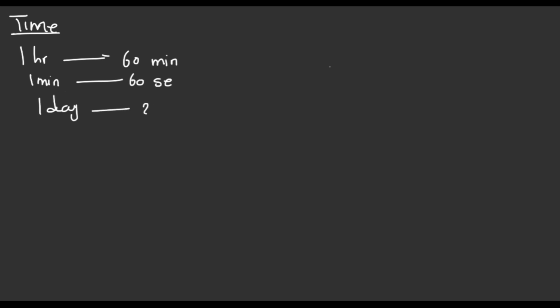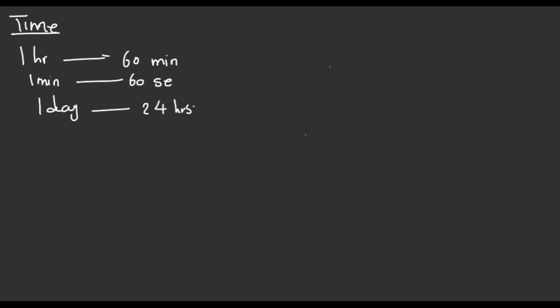So begin with 1 hour is equivalent to 60 minutes. Then 1 minute is equivalent to 60 seconds. Then we can also add in terms of a day. 1 day is equal to 24 hours.